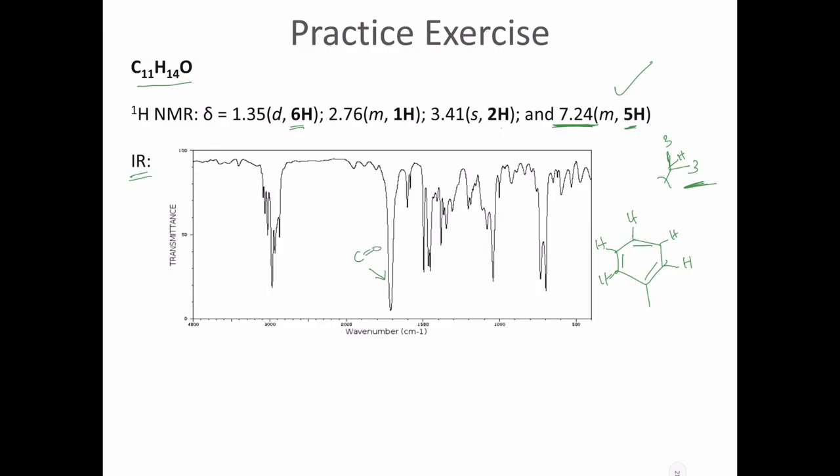So if there's a carbonyl, let's try to see what happens in terms of the splitting pattern. We have accounted for that one. We have accounted for this proton because it is split. We have a singlet at 3.4.